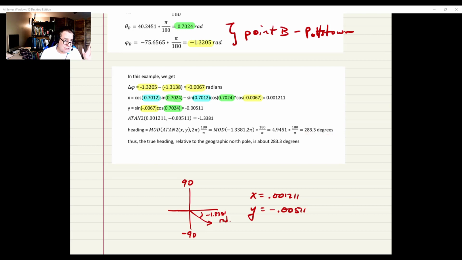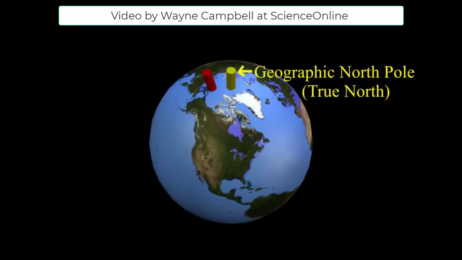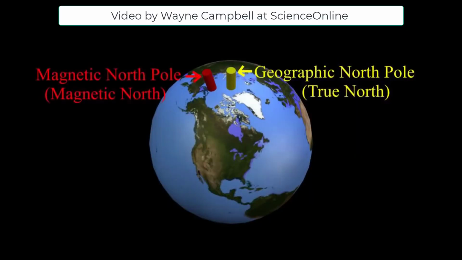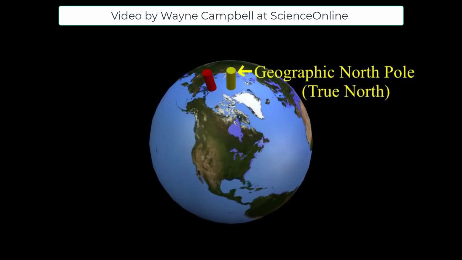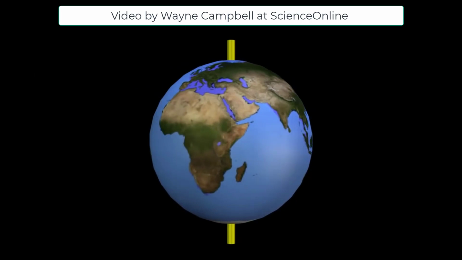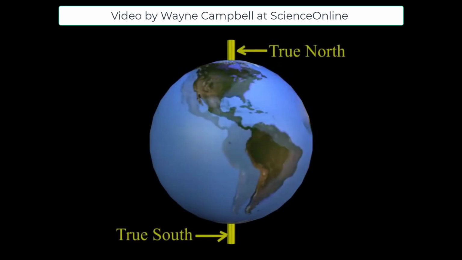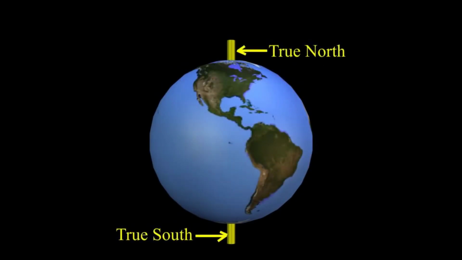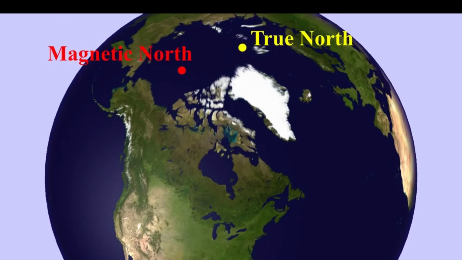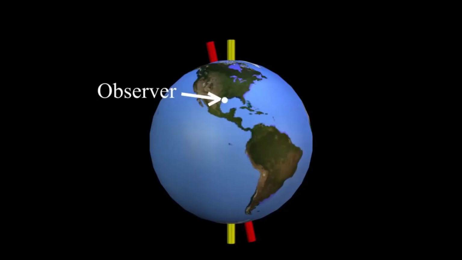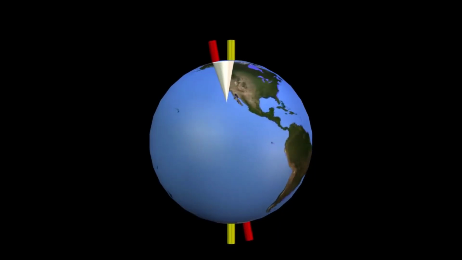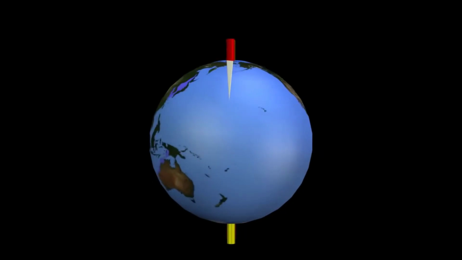But actually on Earth, there's a little bit of deviation between the geographic North Pole and the magnetic North Pole. The geographic North Pole is the axis about which the Earth is spinning. It's perpendicular to the equatorial plane, but the magnetic North Pole is offset a little bit, and when you navigate with a compass, the compass doesn't point to the geographic North Pole, it points to the magnetic North Pole, and so you have to make a little bit of an adjustment for that.